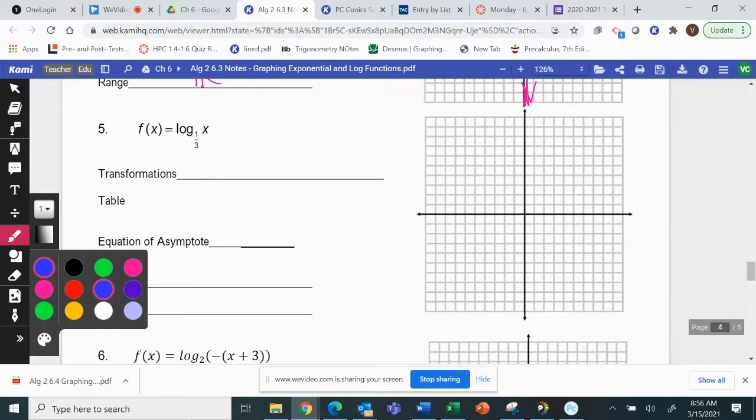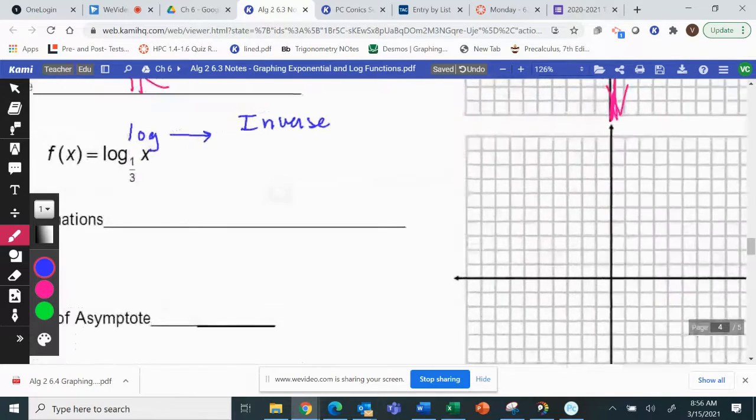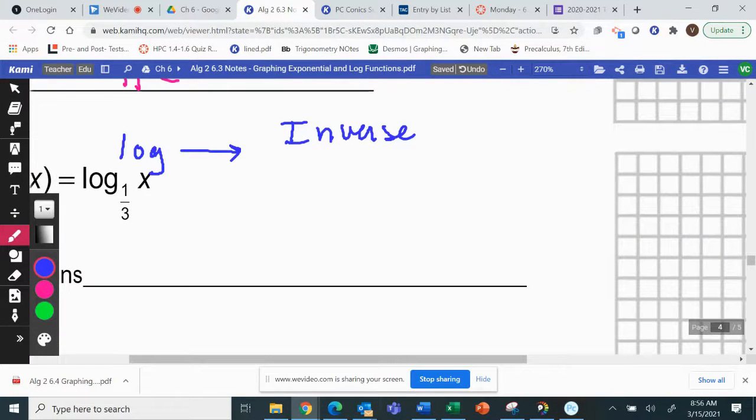Jacob, number 5, is it exponential or logarithmic? Logarithmic. So if it's logarithmic, we have to find the inverse first. So the inverse is always the base.